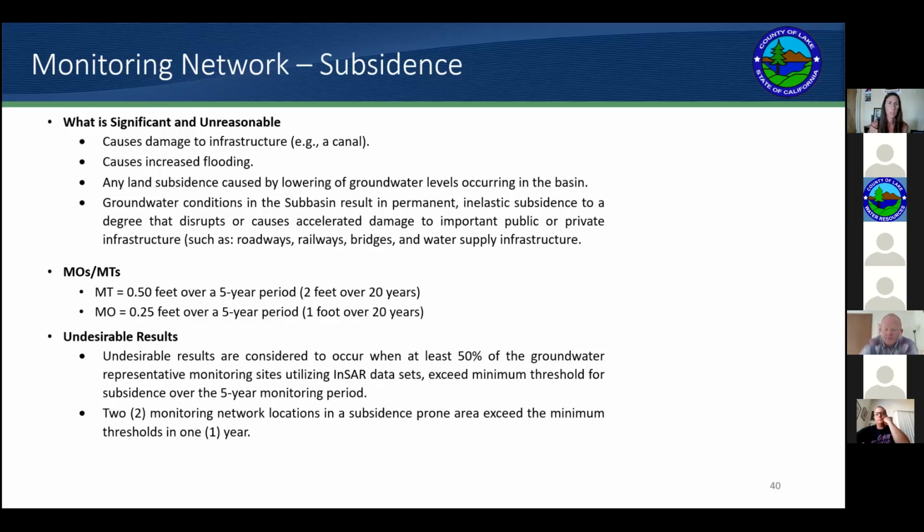The method of data collection seems fairly standard for measuring subsidence around the state, so we should be consistent and use the same methodology. Creating MOs and MTs while keeping the 0.1 feet margin of error in mind is a good idea too. So your suggested MOs and MTs make sense along those lines.